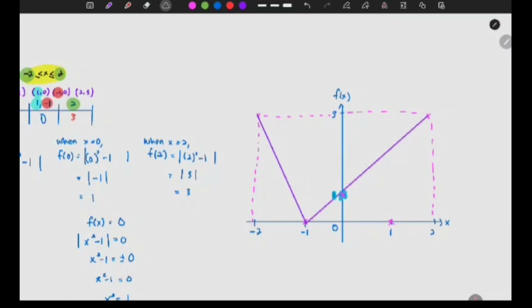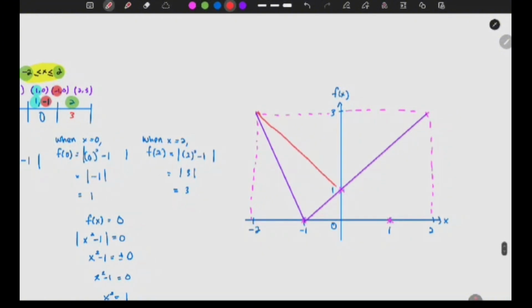Sounds like my graph is not so nice. I should make it nicer. Okay, hope this works. So these are the two possible graphs. Both also give you V shape.